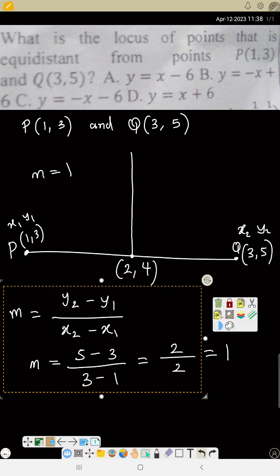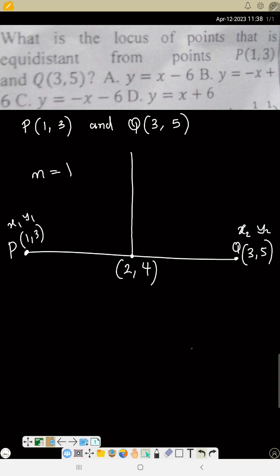But the gradient we need is the gradient of this perpendicular bisector. For perpendicular lines, m1 times m2 is equal to minus 1. So m2 will be minus 1 over m1. We take our gradient as m1, so m2 is minus 1 over 1, m2 is minus 1.